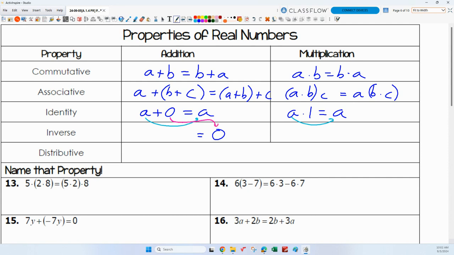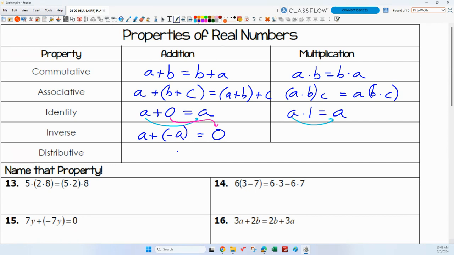So what would I add to A to get 0? A plus what equals 0? Negative A. There you go. A plus its opposite equals 0.